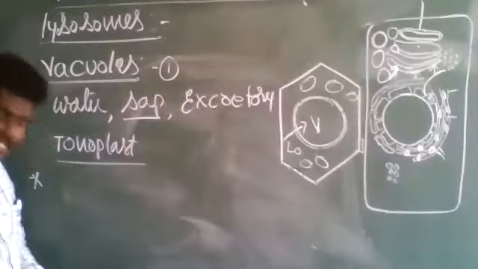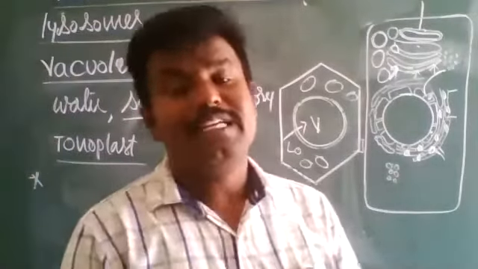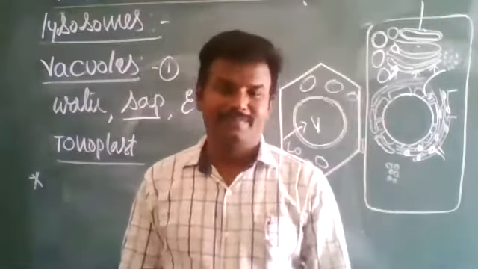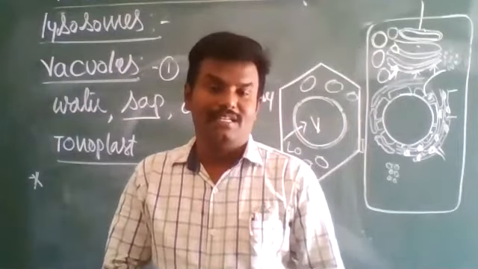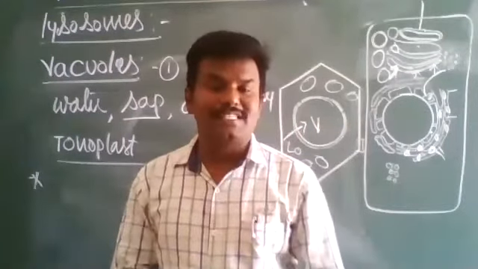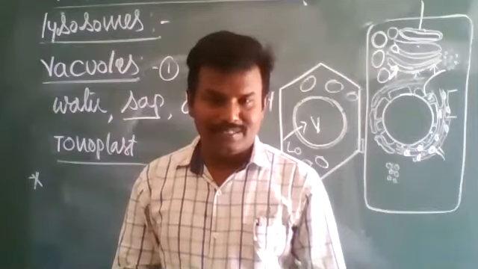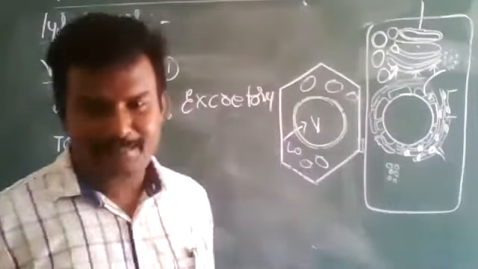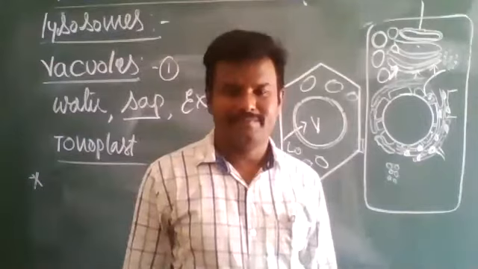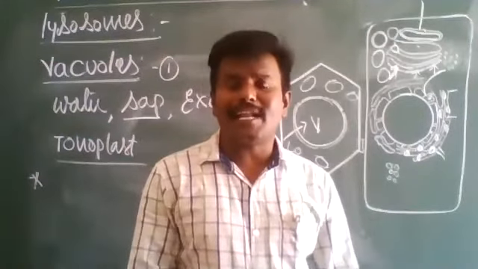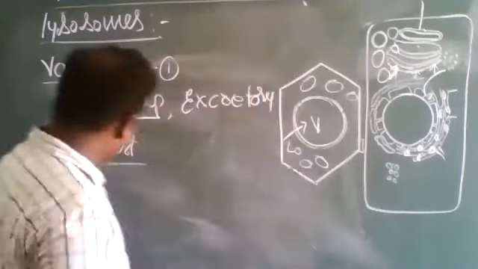Generally, in animal cells, the vacuole is absent, but some protozoans, some unicellular organisms, consist of vacuole. That vacuole acts as a contractile vacuole. So in amoeba, the contractile vacuole helps in excretion.